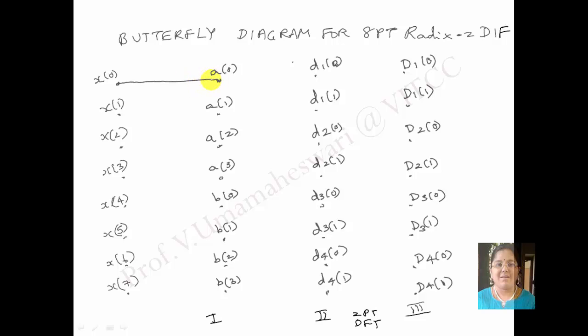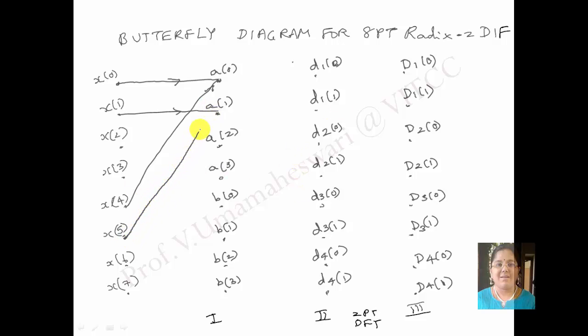Now what is A of 0? A of 0 will be x of 0 plus x of 4. Please refer to the time domain expressions, you will understand how. Similarly, A of 1 will be x of 1 plus x of 5.